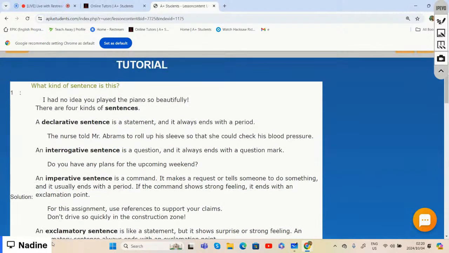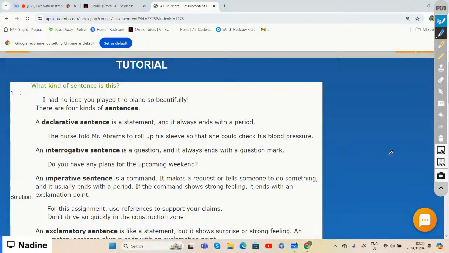All right. So now we're going to say, what kind of sentence is this? From the four types of sentences that we have, which is declarative, interrogative, imperative, and exclamatory, you need to say what kind of sentence this is.